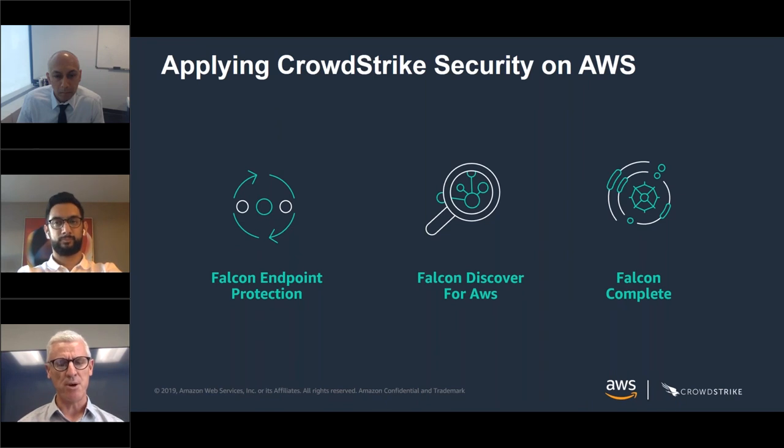The other area is a product we have here at CrowdStrike called Falcon Discover for AWS, which is about helping with visibility into the assets and instances you have within the cloud, identifying where they are and what they are doing, and also importantly, identifying those assets that are not protected. And again, we'll talk about that.